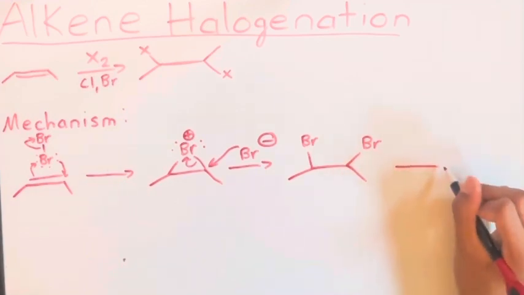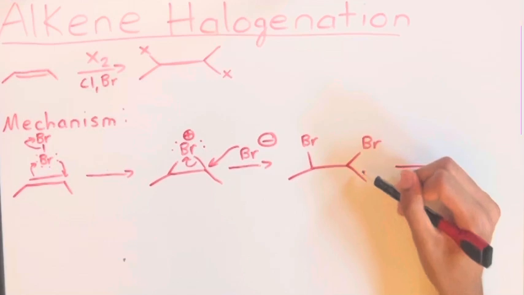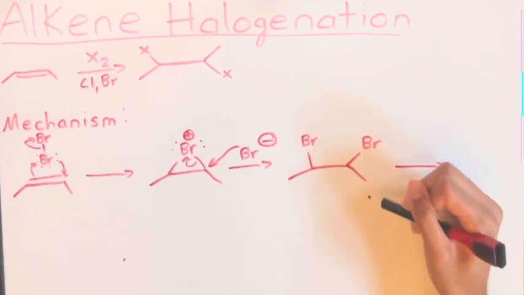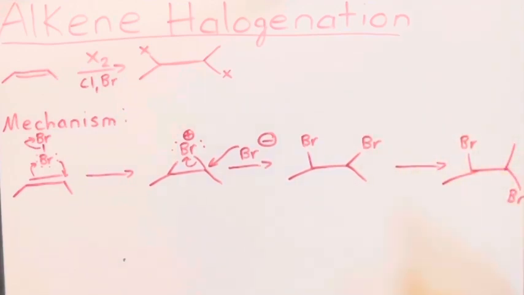So all we need to do is rotate these 3 atoms, our bromine, our hydrogen, and our methyl group, and we would have the same molecule essentially, that looks like this, where our bromine is on top and our other bromine's on the bottom.